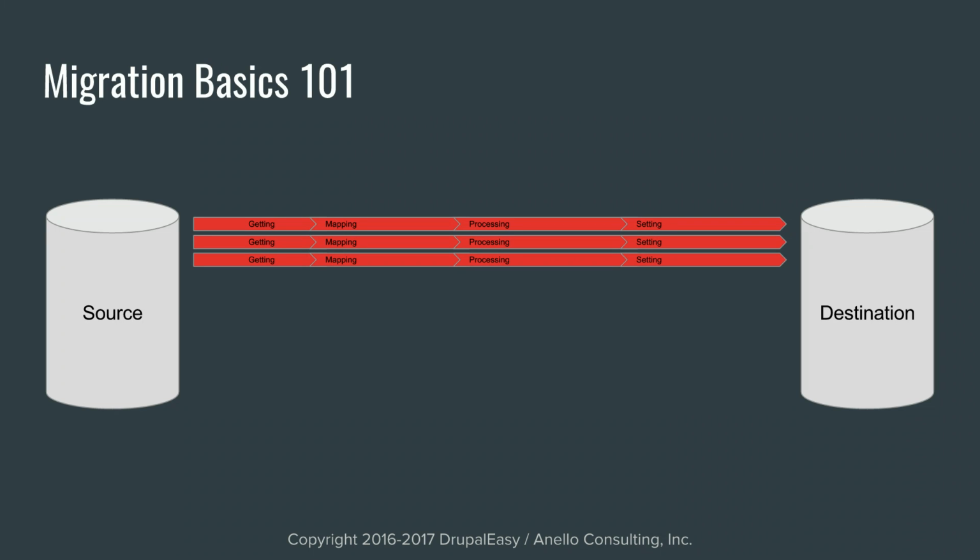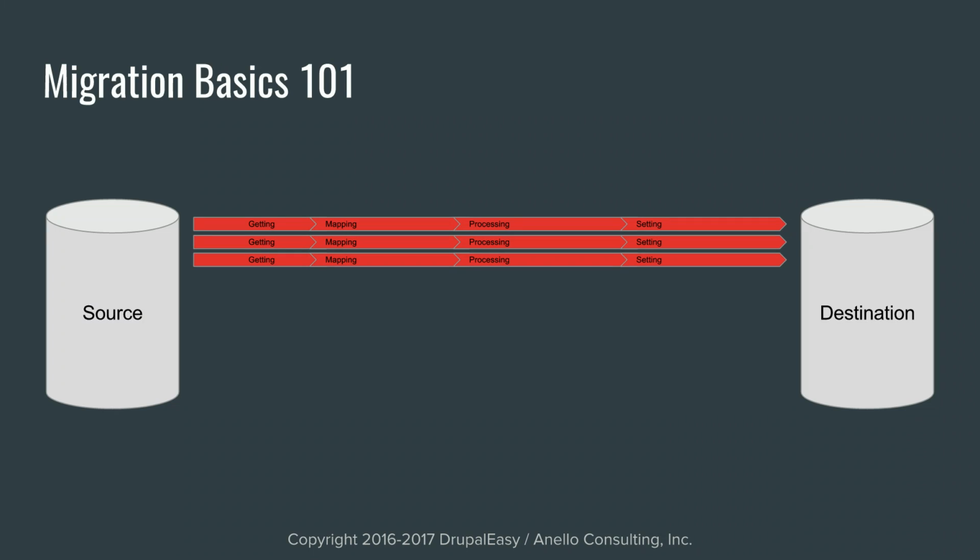That means we have a source plugin built into Drupal core that knows how to extract a node and all of its data out of a source D6 database and return it to the getter. We also have a source plugin that knows how to get a D7 term or a D6 user. These things know the right SQL to talk to the D6 or D7 database to extract data.